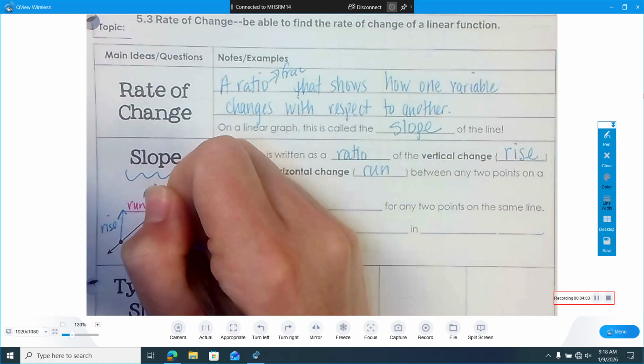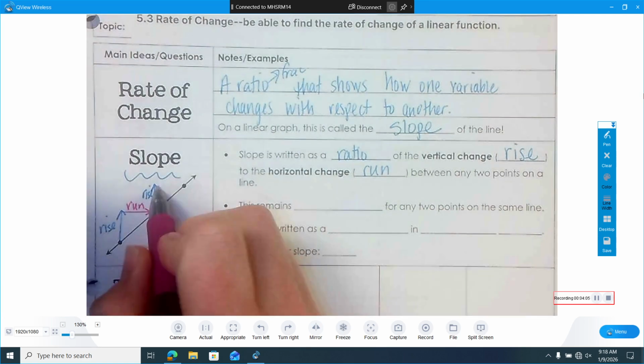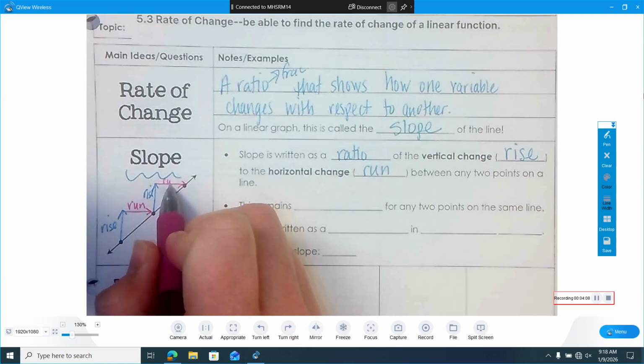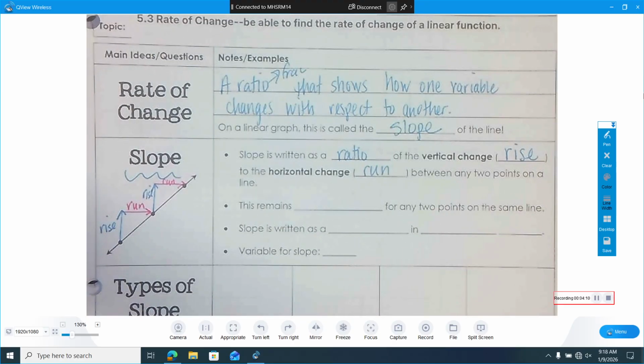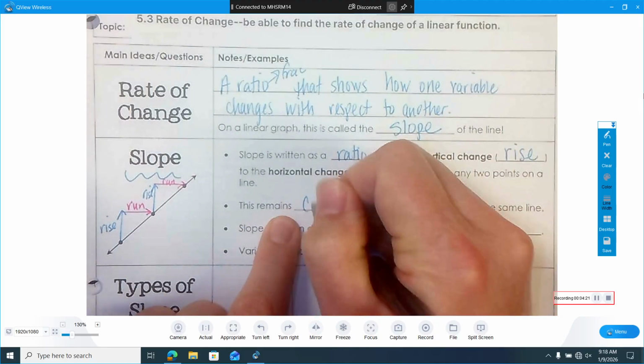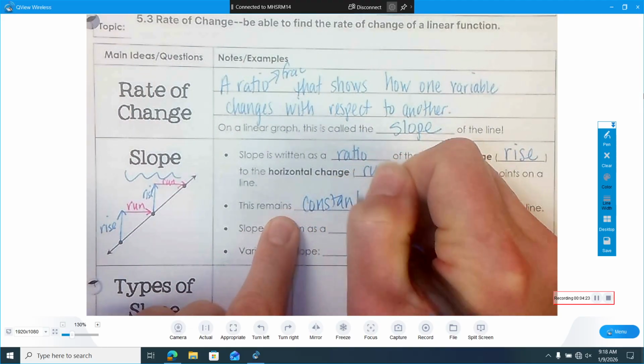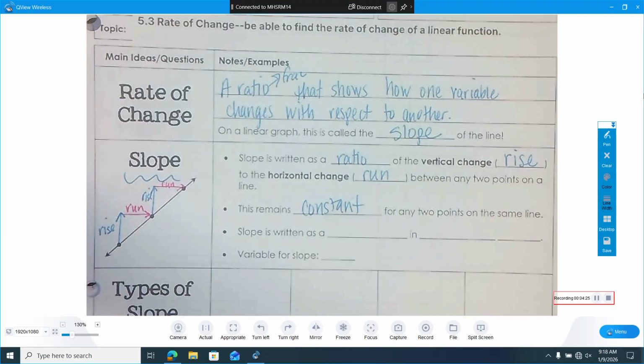That's the rise. And I like to say the running part is always to the right. So we have a rise and a run, and a rise and a run. This slope, this rise over run, remains constant for any 2 points on the same line.